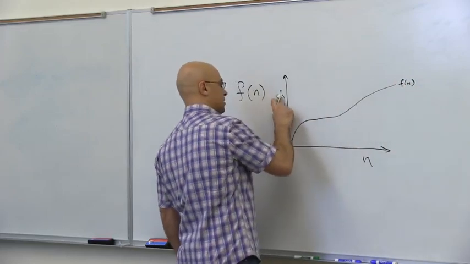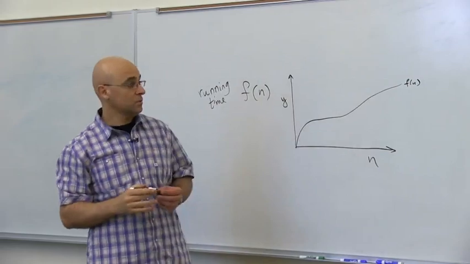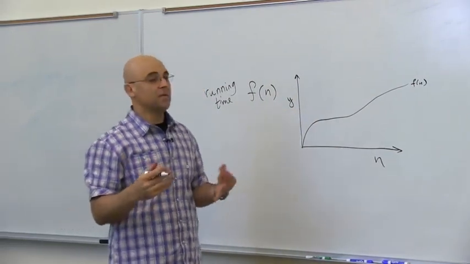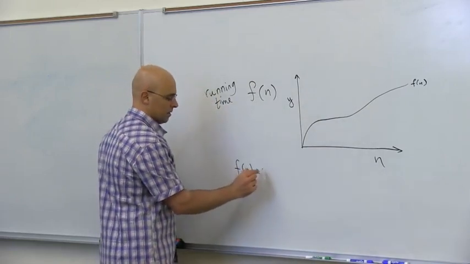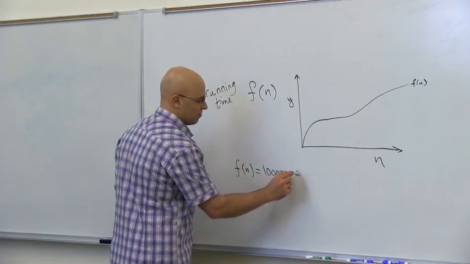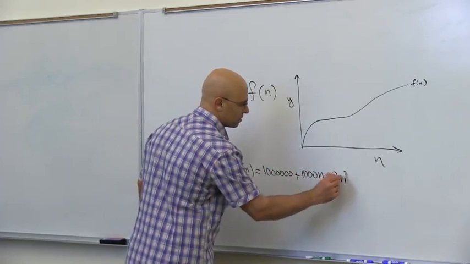Let's call the vertical axis y, because we can plot different functions. This is a function f of n, which might be, for example, a million plus 1,000 n plus 3n squared.